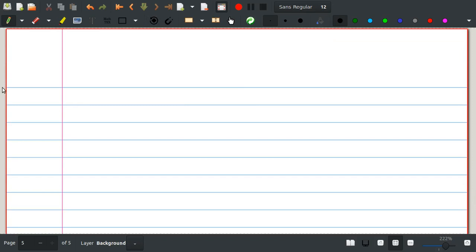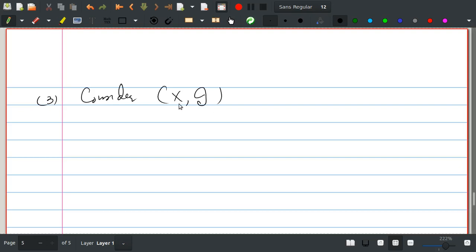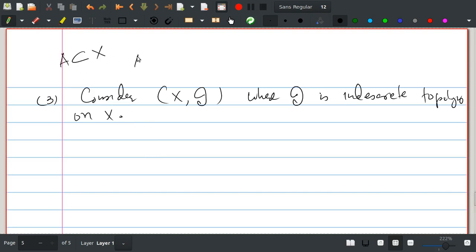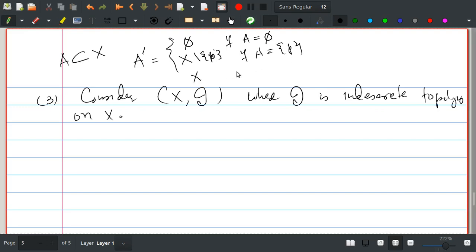Let us see one more example. So consider (X, I), I mean the indiscrete space, where this I is indiscrete topology on X. Then in the last lecture we have seen if A is any subset of X, then A prime is empty if A is empty, it is the whole set X minus some point P if A is the singleton P, and it is the whole set X if the size of A is at least 2.